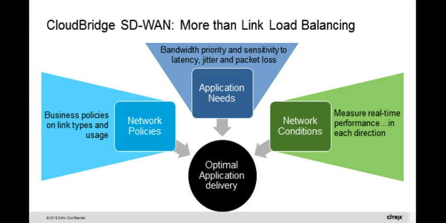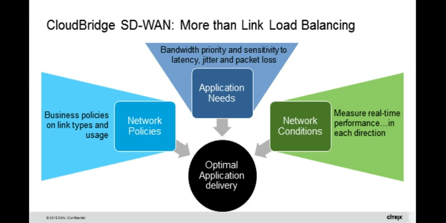And the CloudBridge software-defined WAN solution allows enterprise IT to define an acceptable set of parameters for each application, and with that parameter information and the network conditions, which we'll talk about in just a second, it will send applications across the wide area network links that meet those parameters for that particular application.